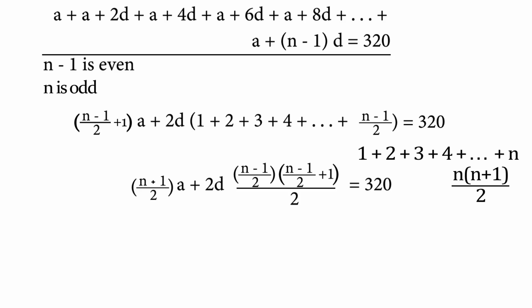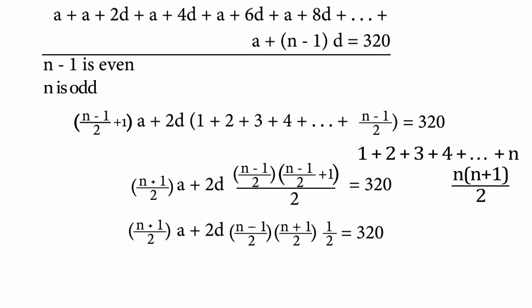All right, let's keep going. We have to simplify this expression now. This one stays the same, (n plus 1) over 2 times a. And this one becomes (n minus 1) over 2 times (n plus 1) over 2, and then I'll bring the half out front.